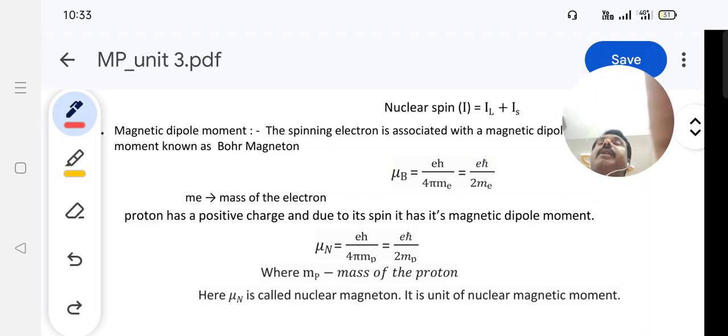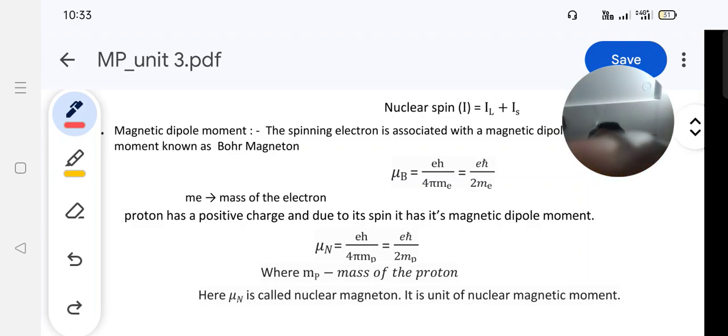The nuclear dipole moment is given by eh by 4 pi mp, where mp is the mass of the proton. This mu N is known as the nuclear magneton. It is the unit of nuclear magnetic moment. It gives how much magnetic moment the nucleus has.